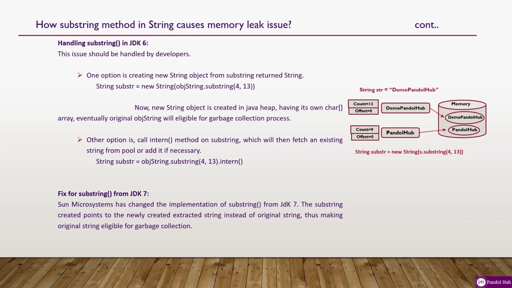It is used to reuse objects that are already available in the string pool. So in both cases, how we handle it in JDK 6 is by creating a new string object so that it doesn't point to the source string. Instead, it points to the new string, which is the substring.